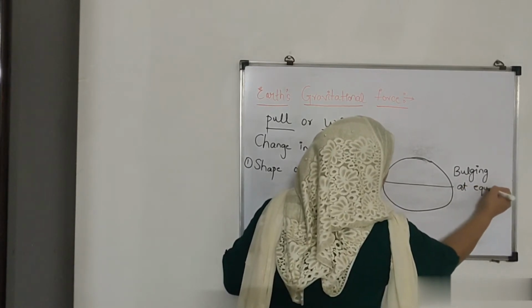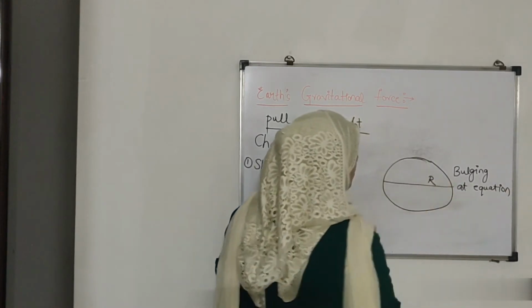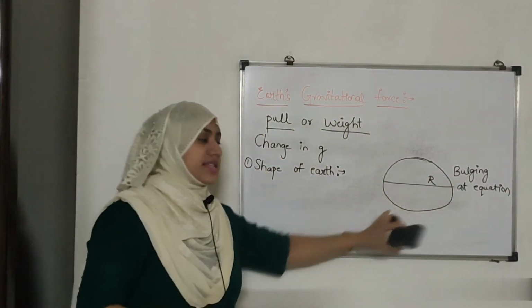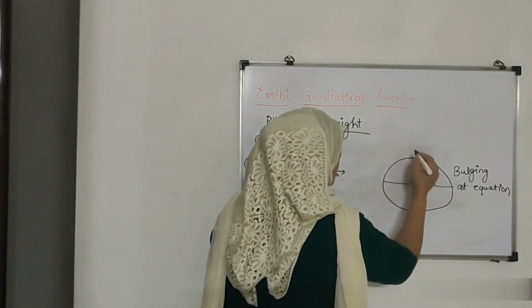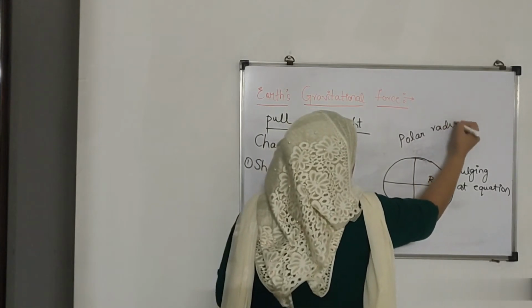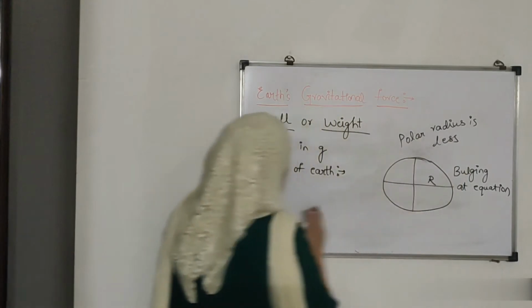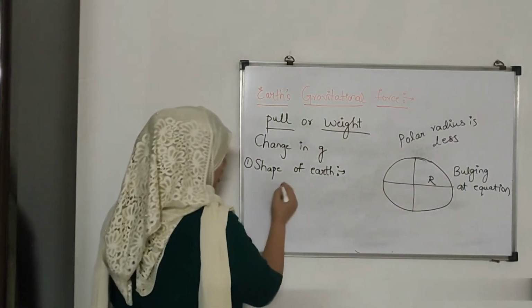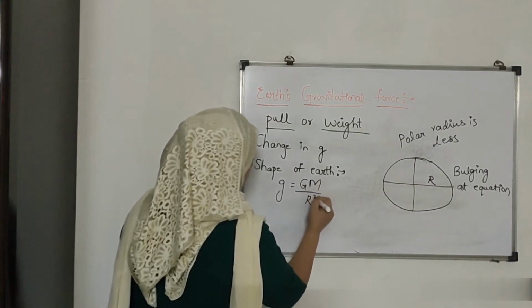That means the radius at the equator is maximum, and the polar radius is a little less. Now what we know is g is capital G, capital M upon R square.